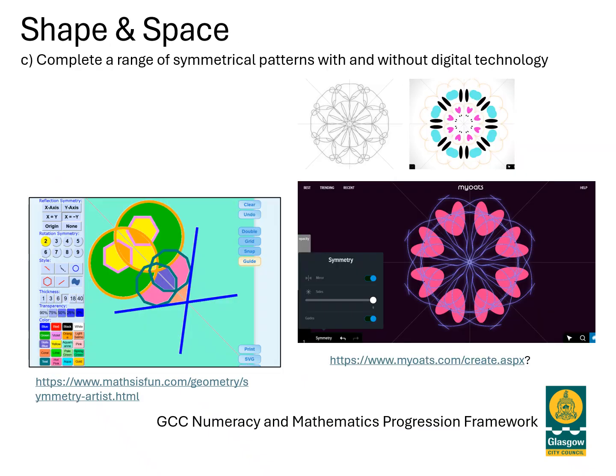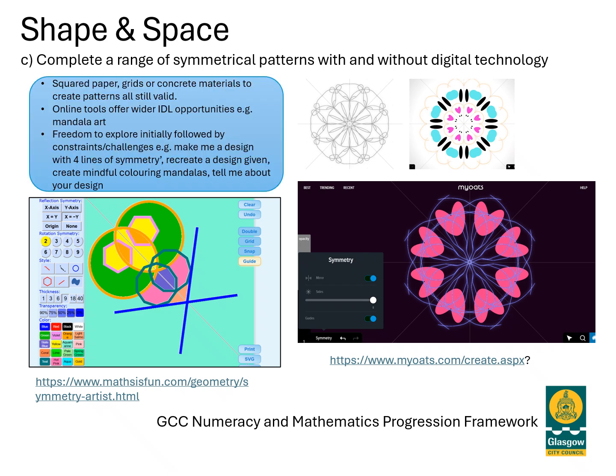So also in shape and space we have a teaching point around symmetry. The progression of symmetry through the stages has moved from using large concrete objects to create models that have symmetry, things like butterfly paintings and so on in primary 1, 2. We moved on to looking at 2D shapes and mirrors and so on in primary 3 and primary 4.